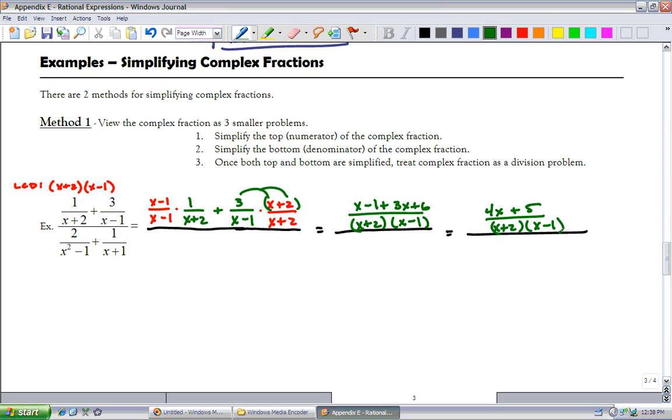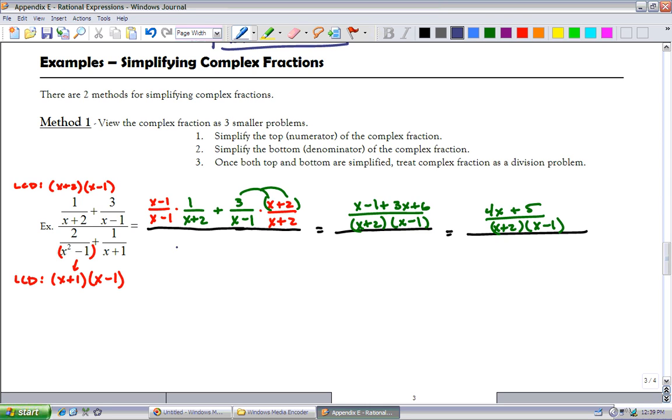So if you look at it there, I just completely ignored the bottom, simplified the top. Now on the bottom, if I factor x squared minus 1, that actually factors to x plus 1, x minus 1, right? If I see that is what it factors to, you'll notice that that becomes our least common denominator.